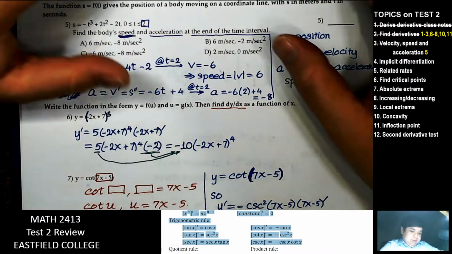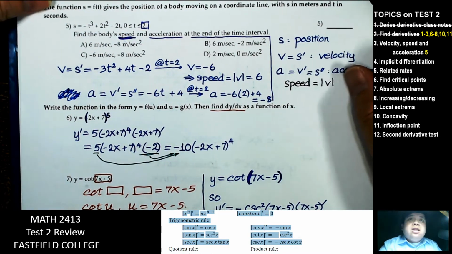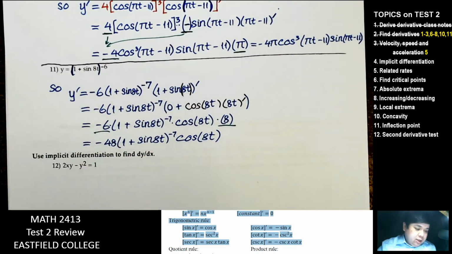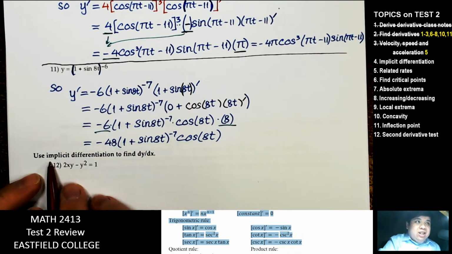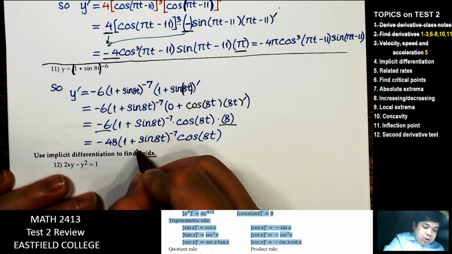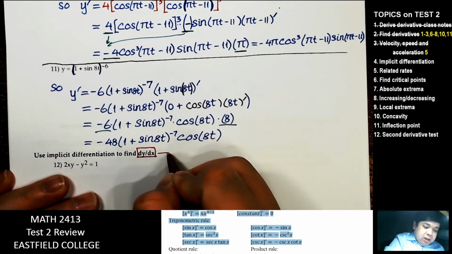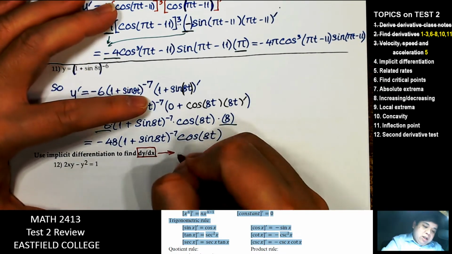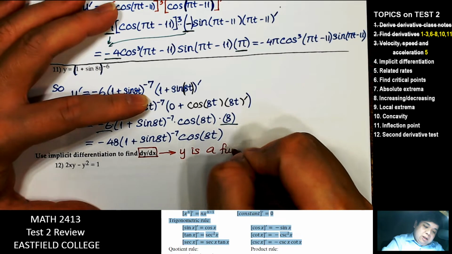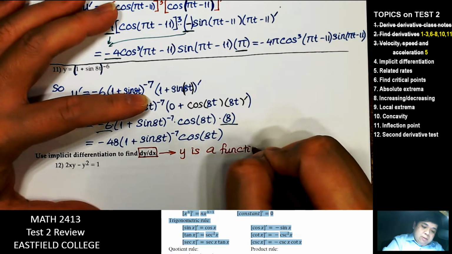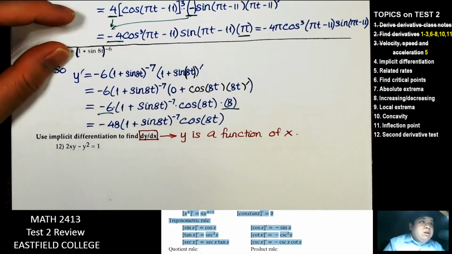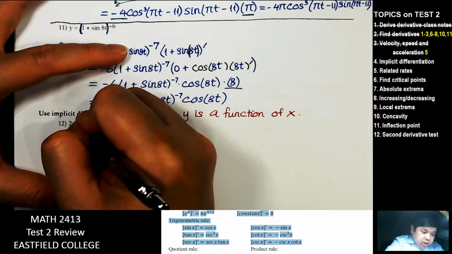That is better. Right. Next, we'll go to implicit differentiation. So what it says, implicit differentiation. We have dy over dx. So what we see here is we write y is a function of x. With that, we mean we're going to put the parentheses around y.